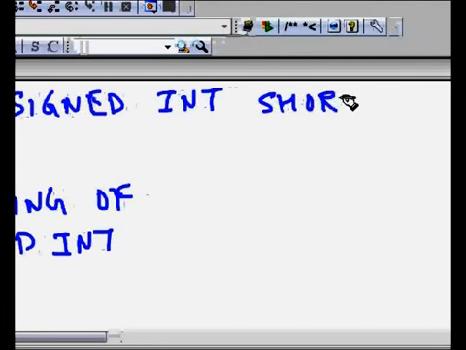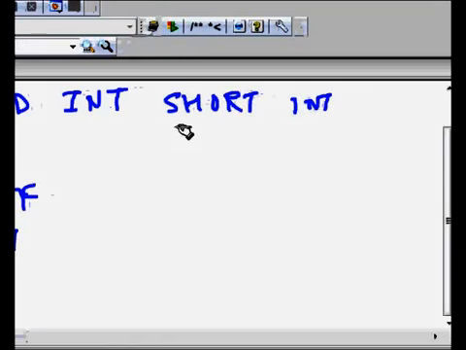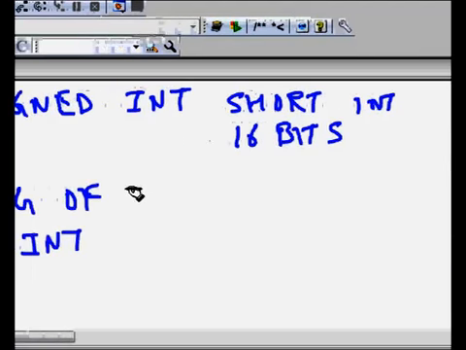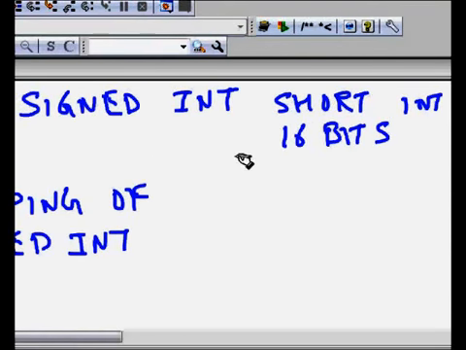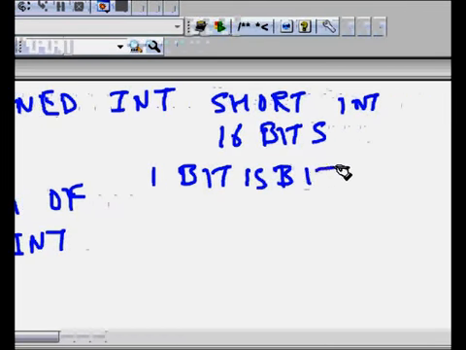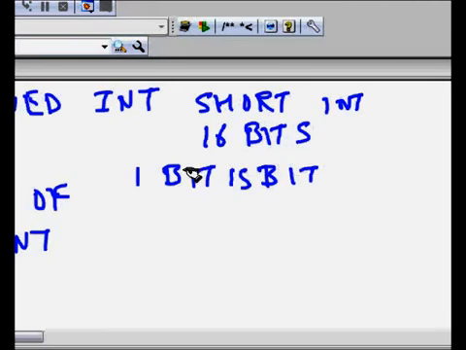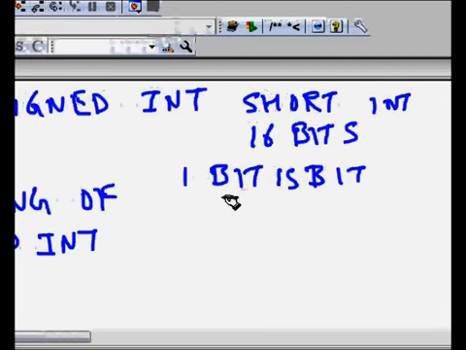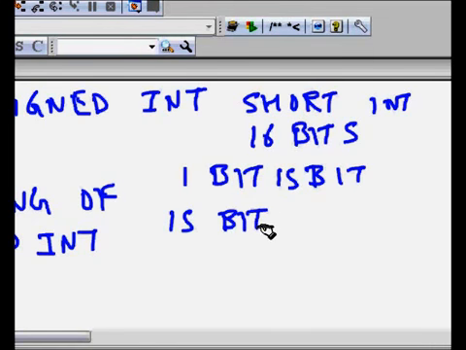Short int has 16 bits in it, and we know that when you have to represent both positive and negative numbers, 1 bit is used for representing the sign, and the rest of the 15 bits are used to represent the number. So you have 15 bits for the value.